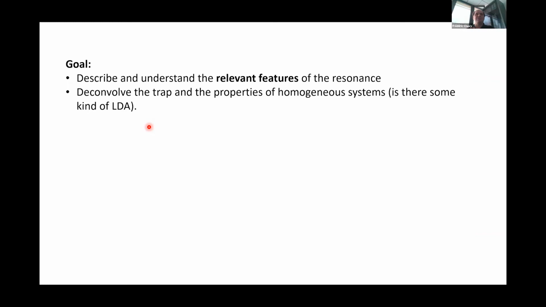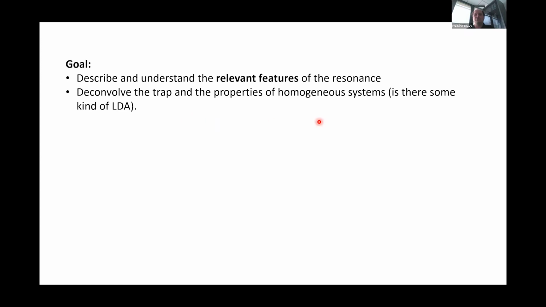Harmonic traps are some kind of whim from the cold atom community because it's easier to realize a harmonic trap, but for real materials, usually they look like homogeneous systems. And so, is there a way to deconvolve the trap and the properties of homogeneous systems?